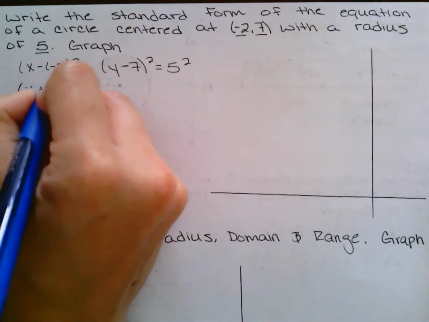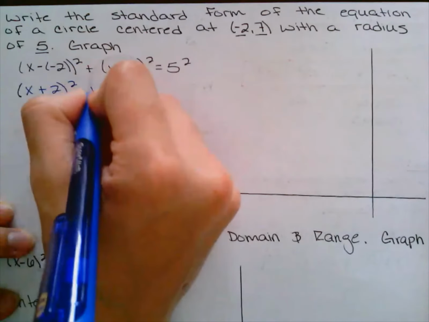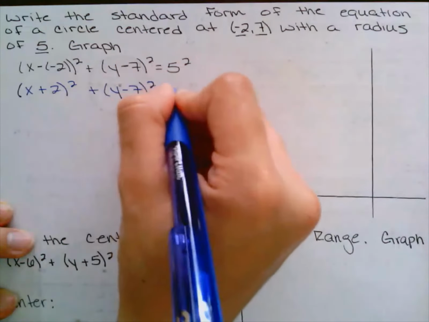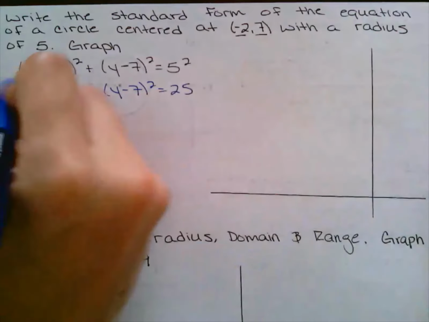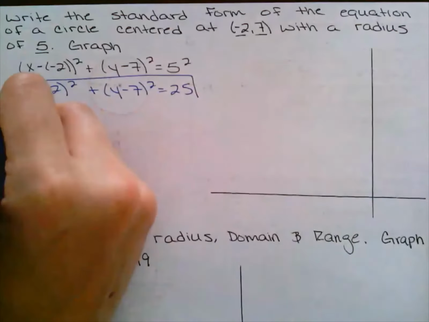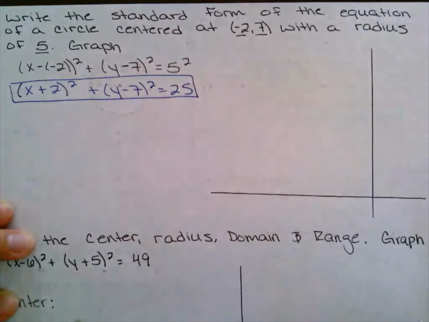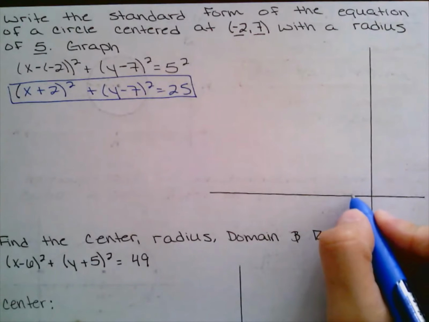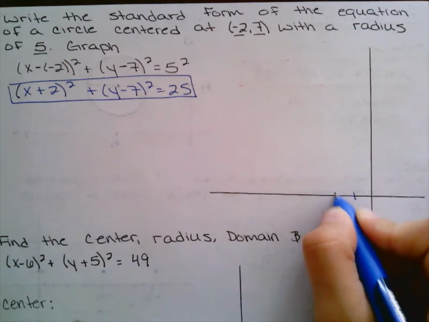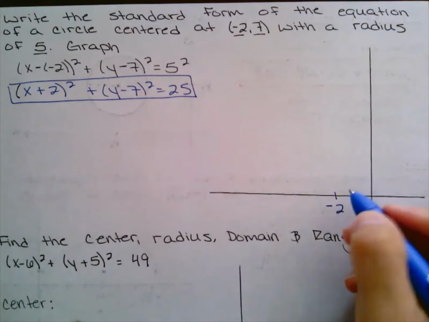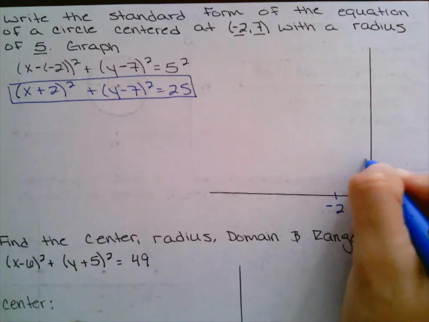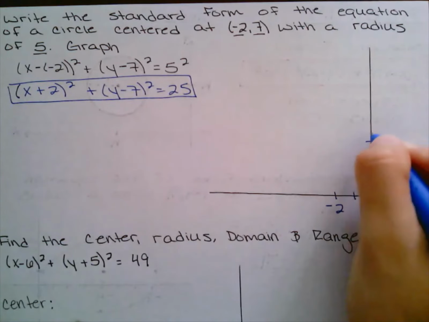I get (x + 2) squared plus (y - 7) squared equals 25. Done writing my equation. Now let's go ahead and graph it. My center is at -2. I'm going to go 1, 2, and then 7 up: 1, 2, 3, 4, 5, 6, 7.